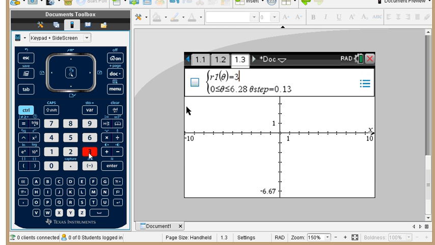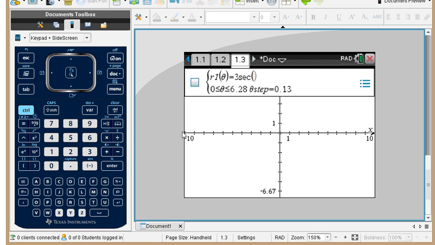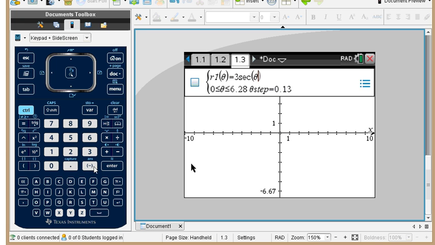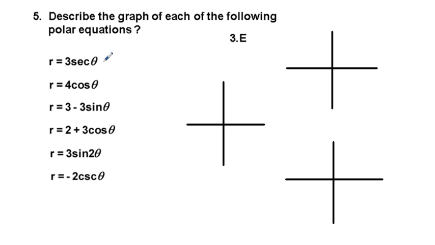So we have 3 times the secant of theta, and to get theta we press the pi key, and we get a little submenu there. We go to the far right and press enter. So we get a vertical line at x equals 3. So that is our answer here.